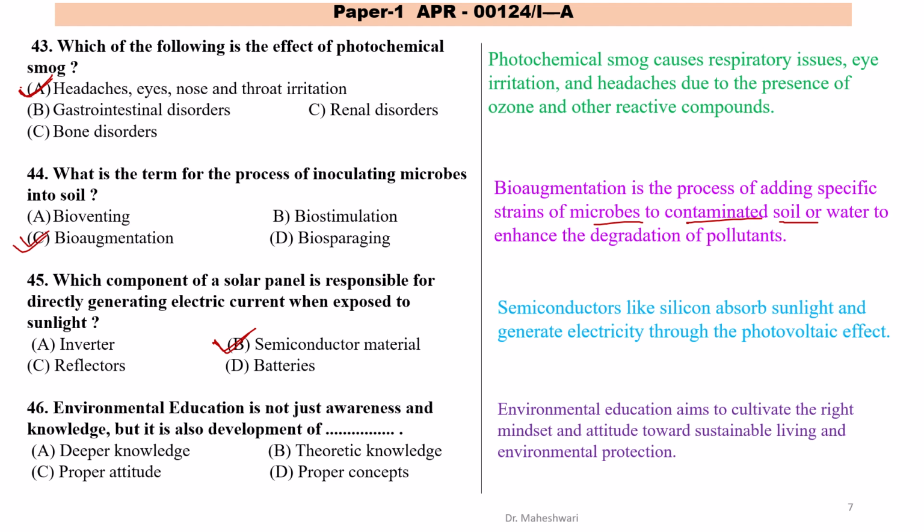So option C is the correct option here. It has to develop the proper attitude of the person. Environmental education aims to cultivate the right mindset or attitude towards a sustainable lifestyle and protecting the environment.